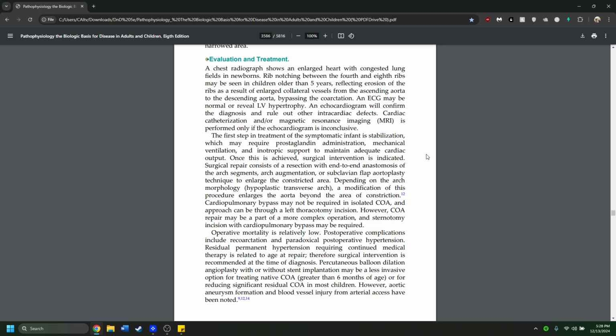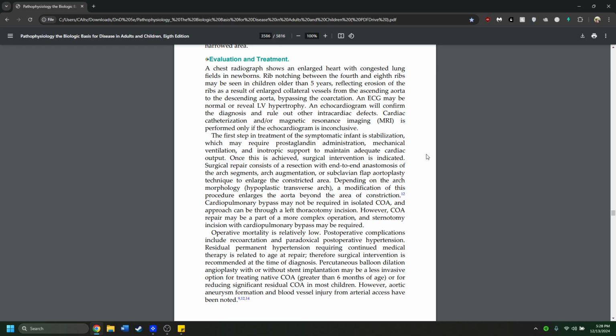Surgical repair consists of a resection with end-to-end anastomosis of the arch segment, arch augmentation, or subclavian flap aortoplasty technique to enlarge the constricted area, depending on the arch morphology, such as a hypoplastic transverse arch. A modification of this procedure enlarges the aorta beyond the area of constriction.